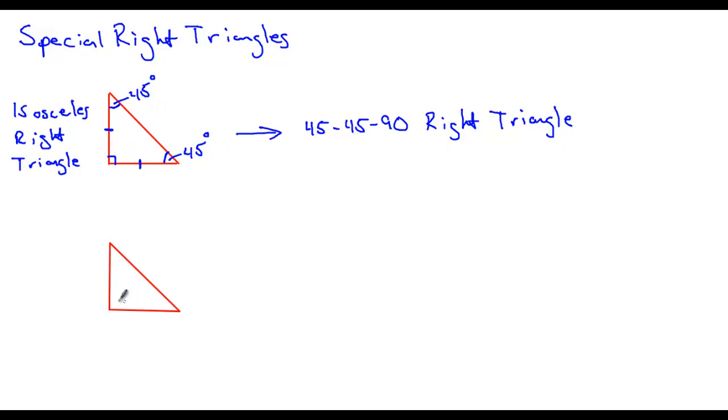In this triangle, you can see that it has two sides, and the two sides are the same length. So we'll say that this side is x. That means this side would have to be x.